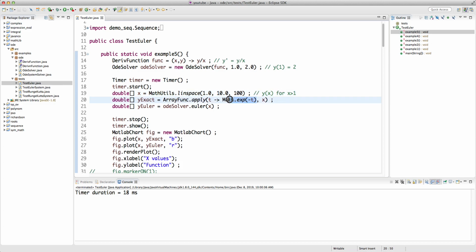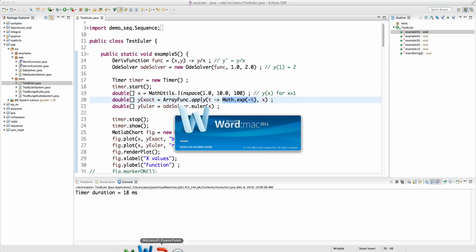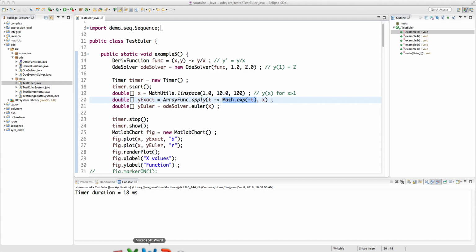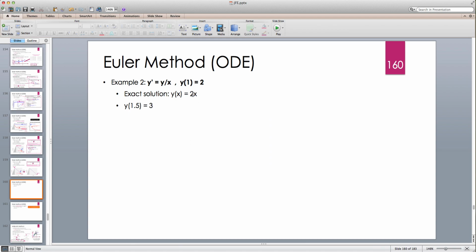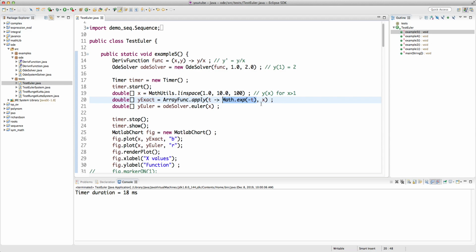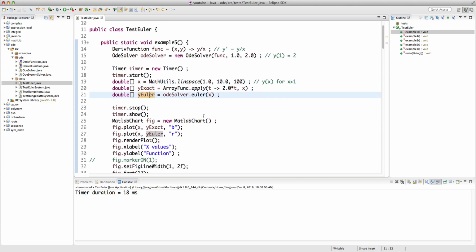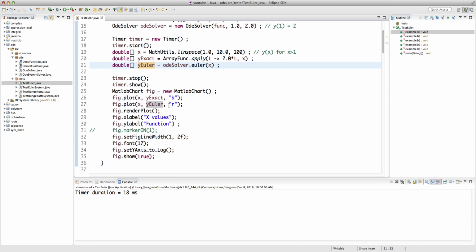The exact solution is 2x. y is 2x because at 1 it is 2, and y prime is 2, which is y over x. So the exact solution is just a linear solution, 2x, times t. And we apply it to the x array, and then the Euler solves, and we plot the exact and the Euler.